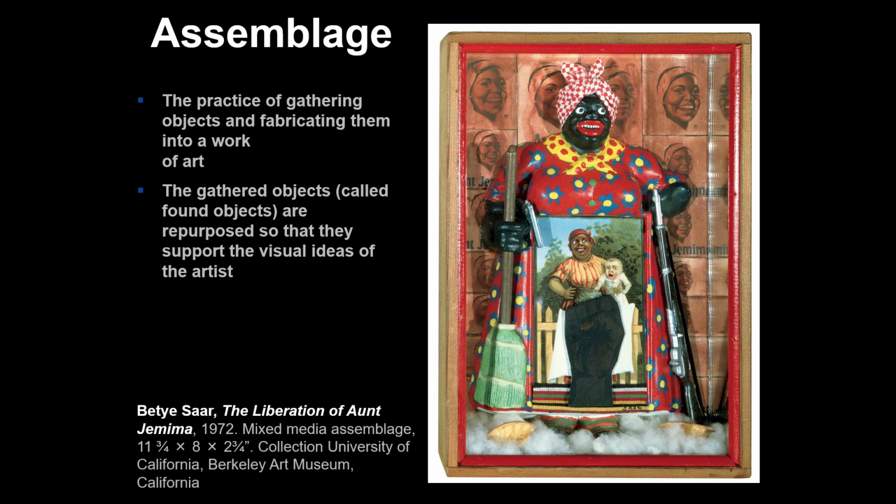And in this case, she's using these images of African Americans that were meant to create negative stereotypes, and especially what is known as the mammy figure, a figure that is sort of associated with African American enslavement.